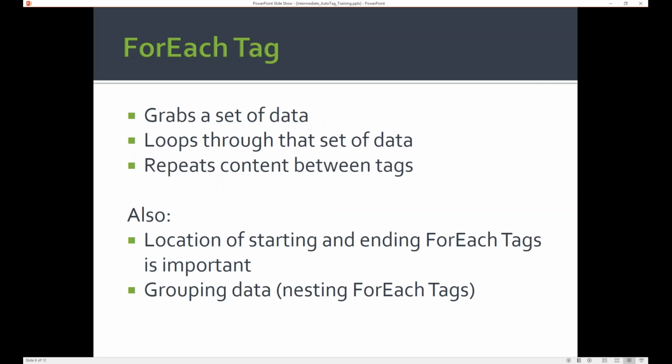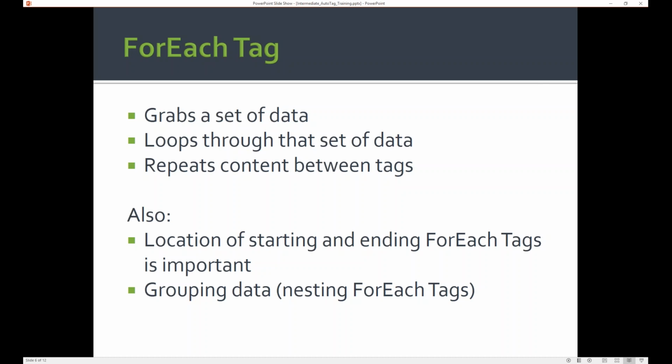All right, so the ForEach tag, let's review what it actually does. It does three things. First, it grabs a set of data, any set of data that you want to pull from your data source. Second, it loops through that set of data that you selected to work with. And third, it repeats all the elements between the tags.